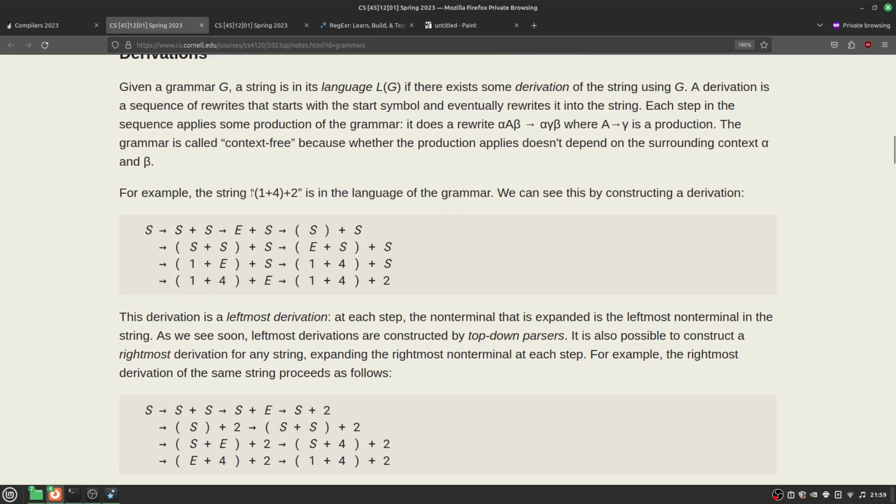For example, the string 1 plus 4 plus 2 is in the language of the grammar. We can see this by constructing a derivation.